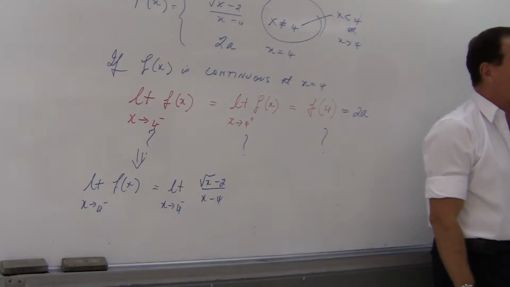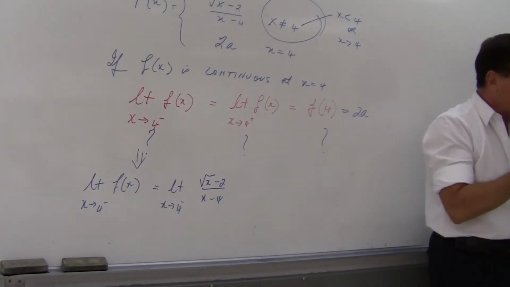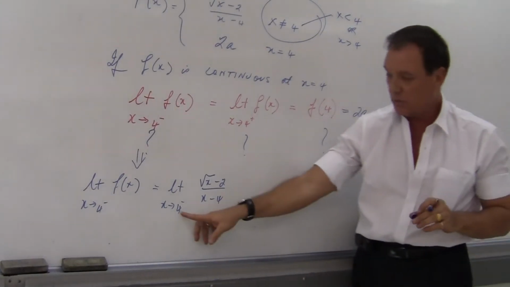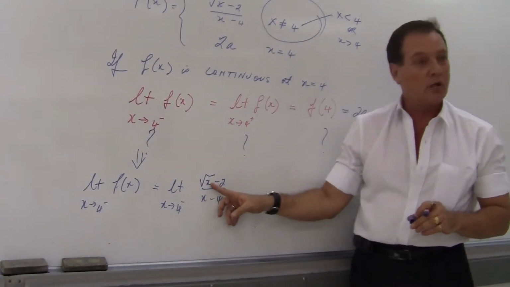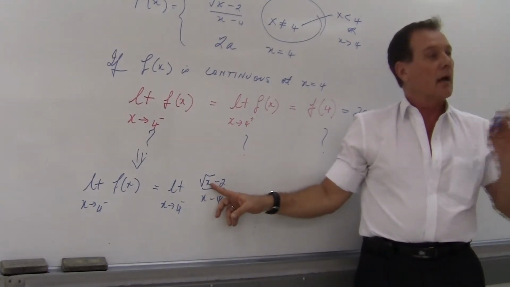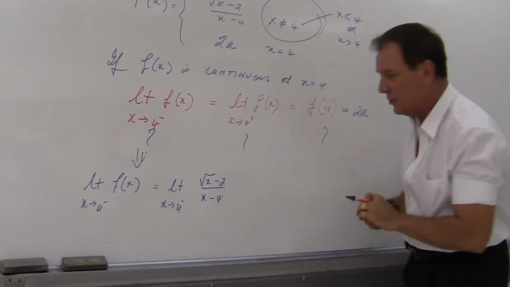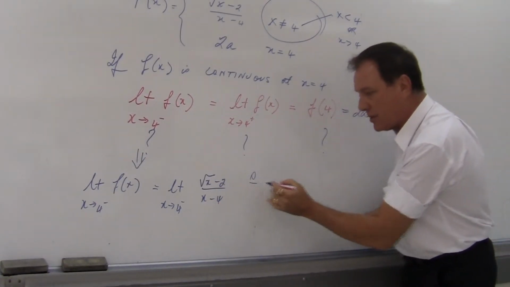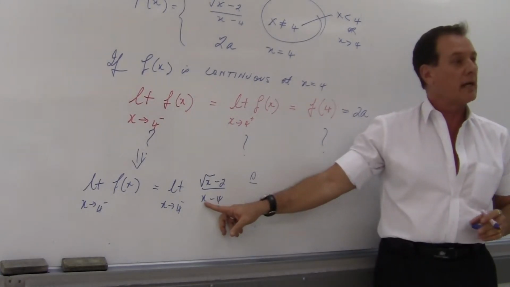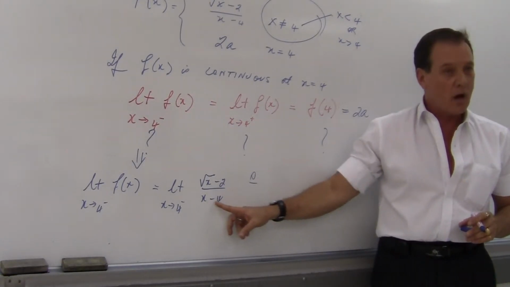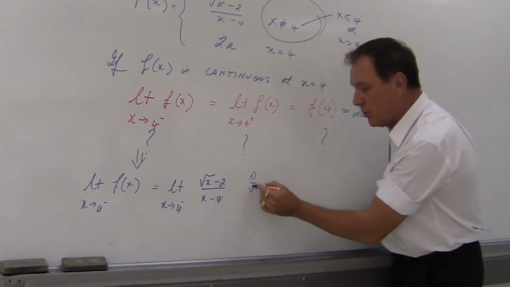So let's test the situation out. See what's happening to the function at that particular value as we approach 4. As we approach 4 here, what do we get? Approximately the square root of 4, or 2. 2 minus 2, it's a 0 situation. Here in the denominator, as we approach 4, 4 minus 4, it's a 0 situation.